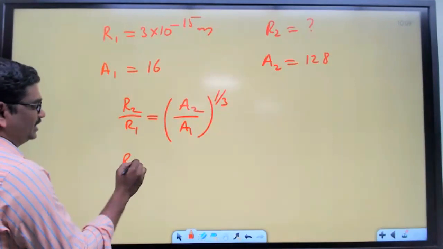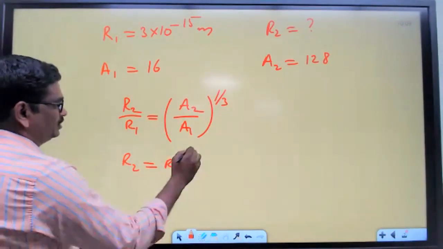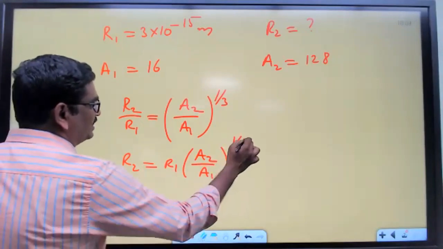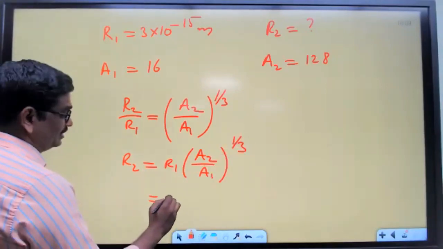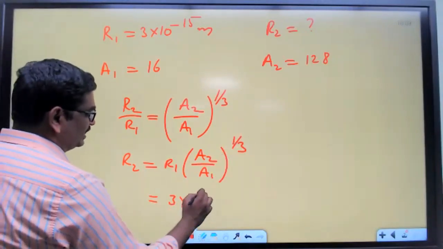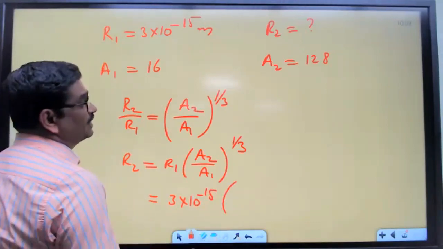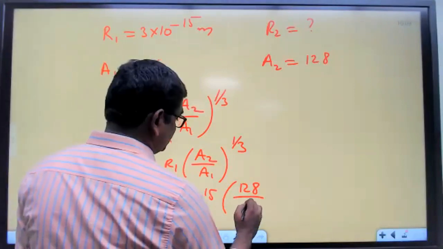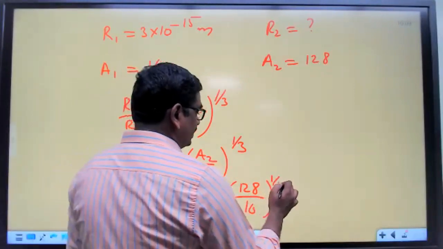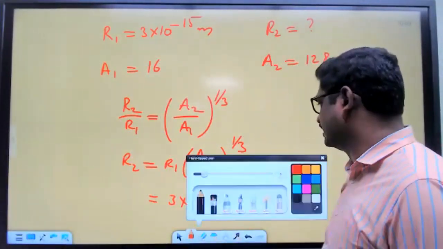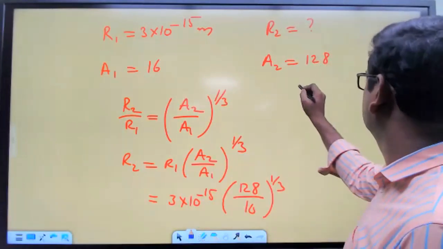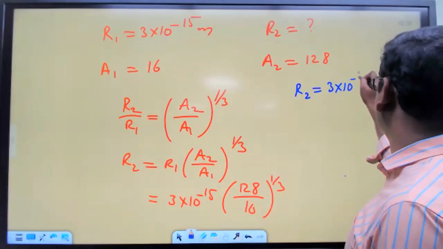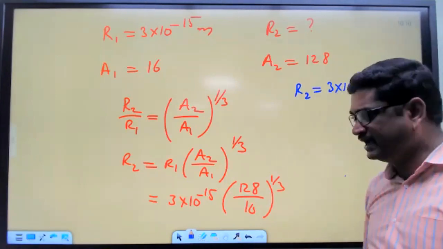Then R2 equals R1 into A2 by A1 whole power 1 by 3. Substitute the values. R1 is 3 into 10 power minus 15, A2 value 128, A1 value 16, whole power 1 by 3. Then R2 equals 3 into 10 power minus 15 into 128 by 16.